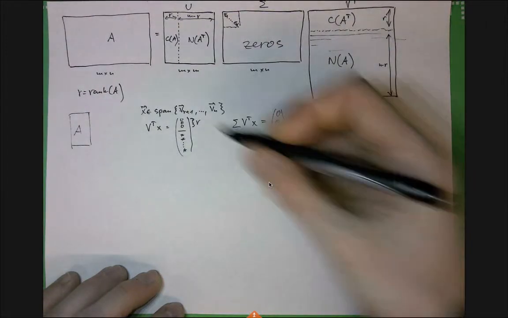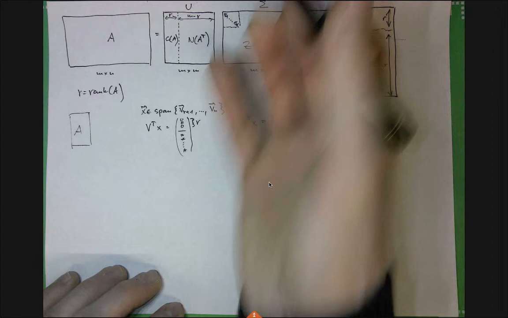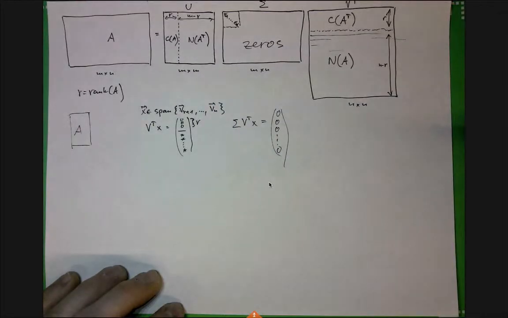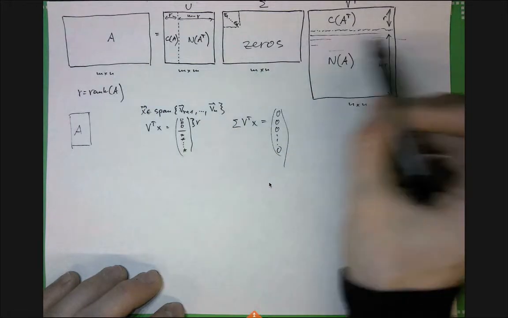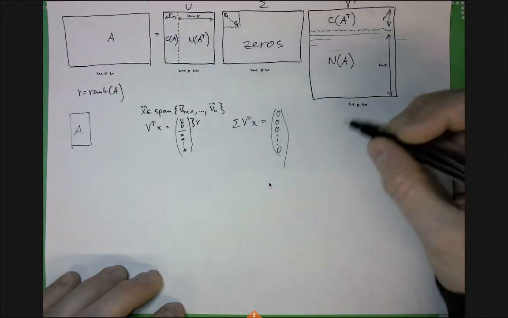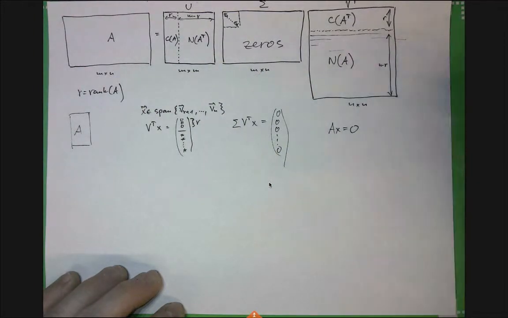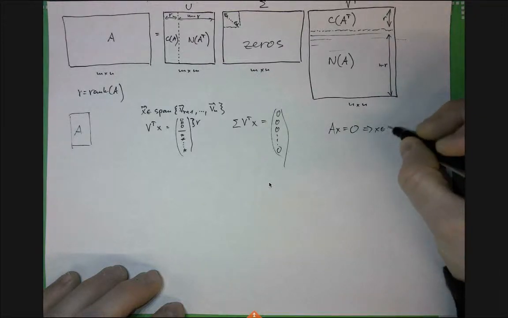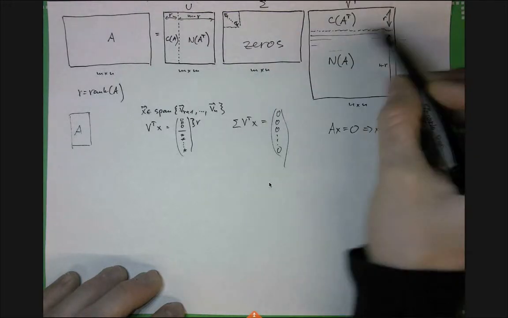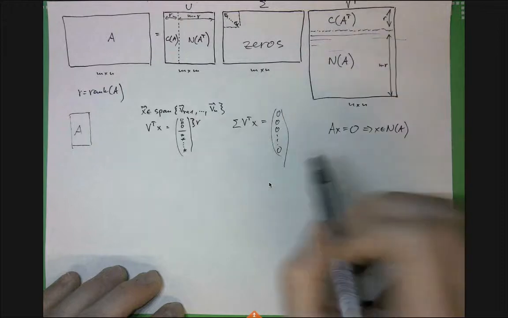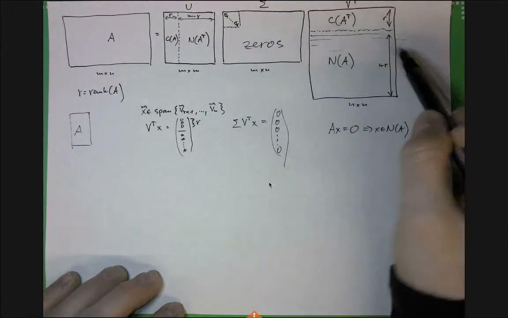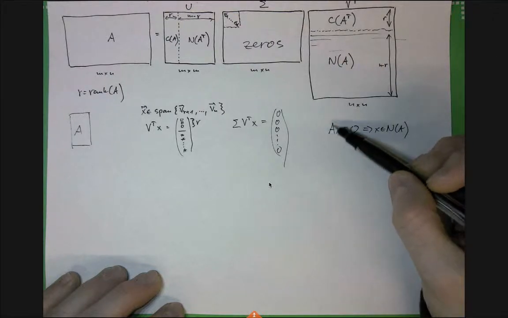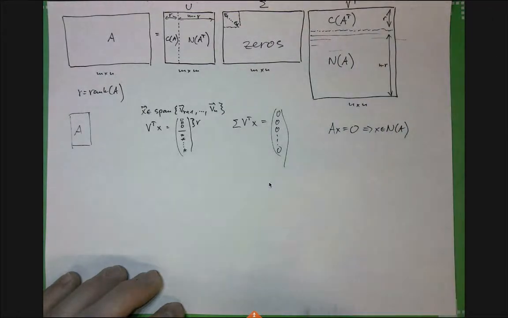So of course, if I hit it again with U, then U times 0 has to still be 0, right? So if the x was a linear combination of these guys, then Ax is 0. That means that x is in the null space. So I wasn't lying to you that this is an orthonormal basis for the null space. Those are really orthonormal vectors, and they all multiplied with A give me 0. So they are indeed in the null space of A. See that?